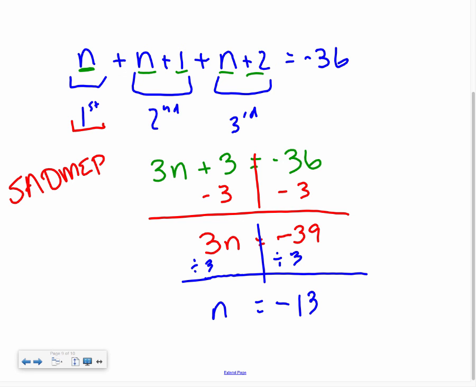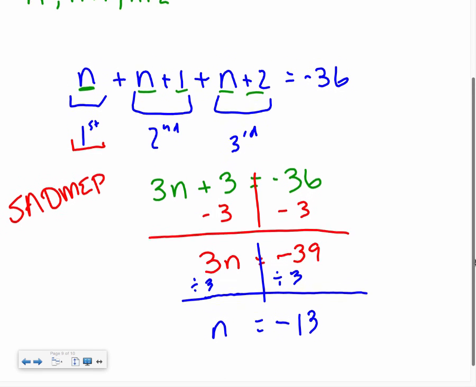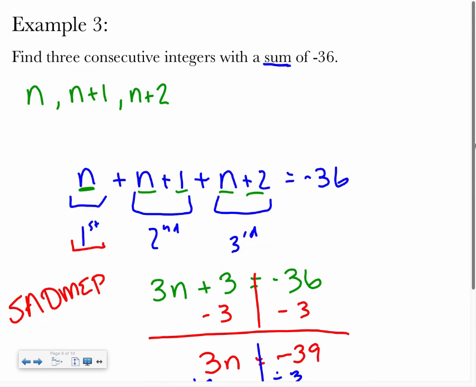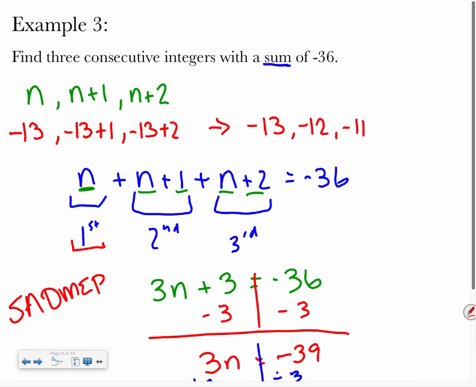That means that if we go back, just remember negative 13. Our first number is negative 13. Now we have negative 13 plus 1, negative 13 plus 2. That means our 3 numbers are negative 13. What's negative 13 plus 1? Negative 12. And negative 13 plus 2 is negative 11.